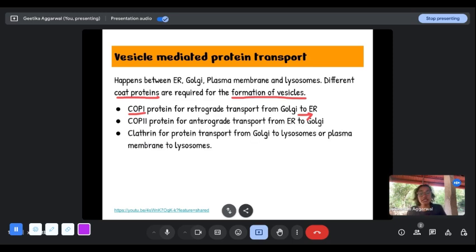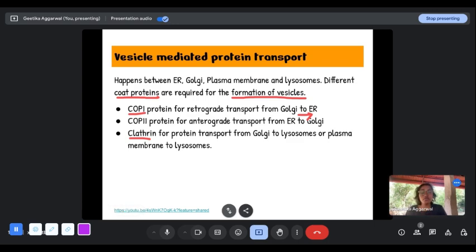And there is clathrin, which is required for transport of vesicles from the Golgi to the lysosome or from the plasma membrane to the lysosomes. Basically, all the vesicles that are supposed to reach the lysosomes are coated by clathrin. So there are three types of these coat proteins: COP1, COP2, and clathrin.